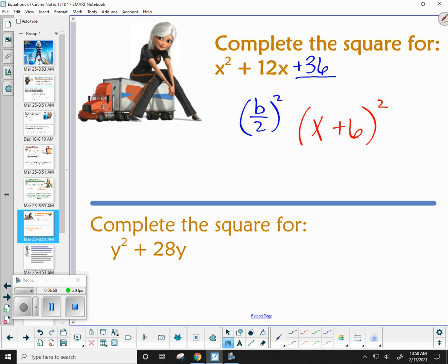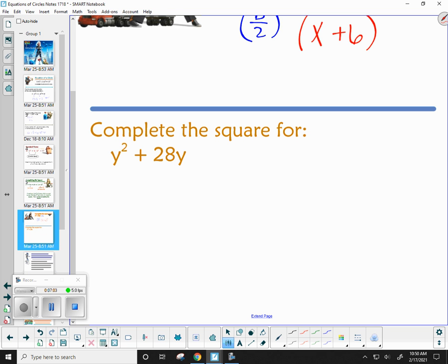Let's do it again. So let's complete the square. I give you y squared plus 28y. So I want to figure out what that third term is. So I want to take 28 divided by 2 and then square it. 14 squared gives me 196.